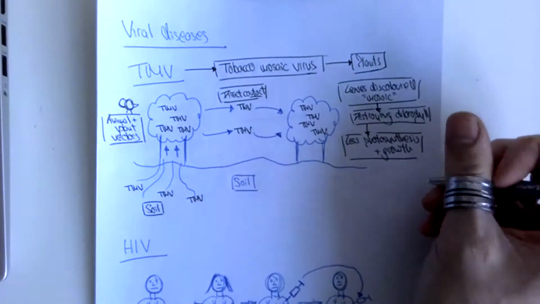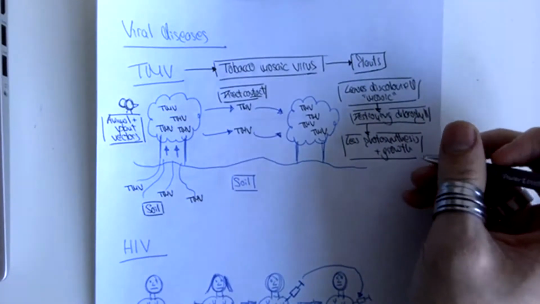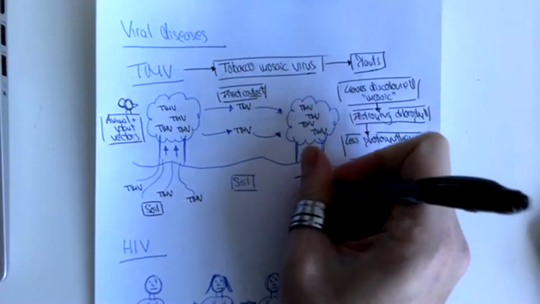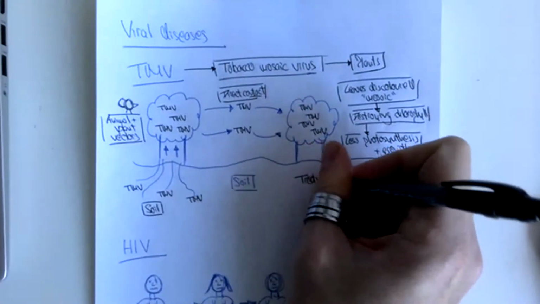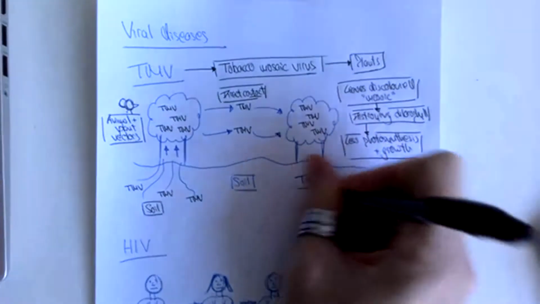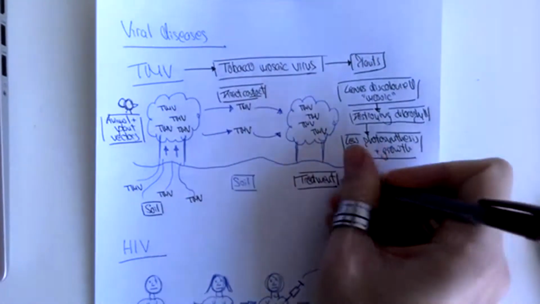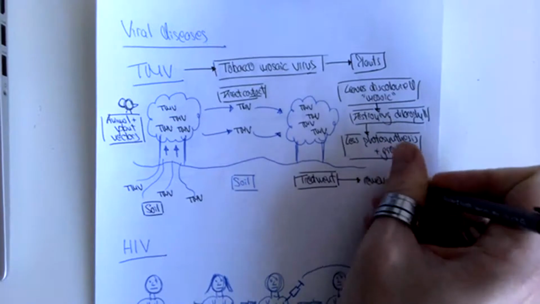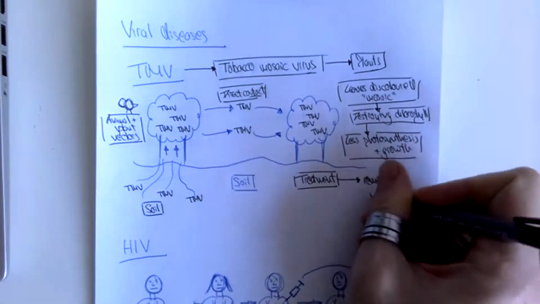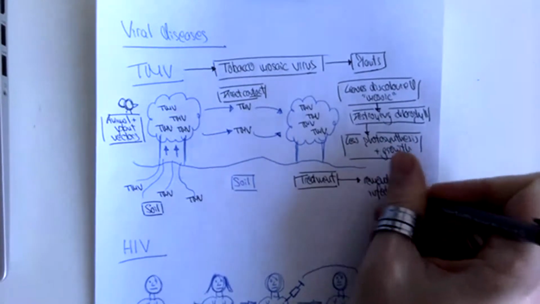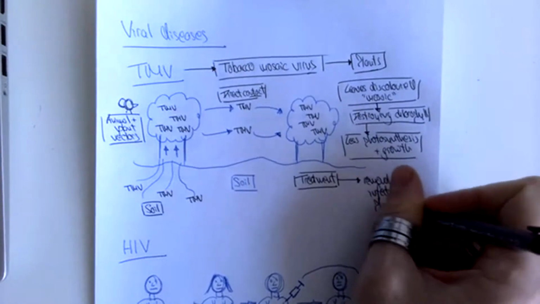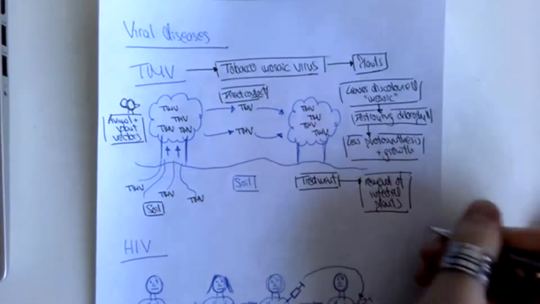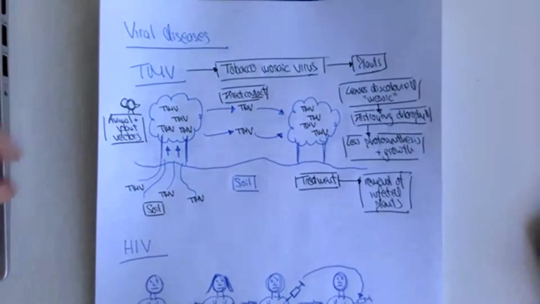Now, the main form of treatment is simply the removal of infected plants to prevent contact between them and other plants. So the first example of viral disease there is tobacco mosaic virus in plants.